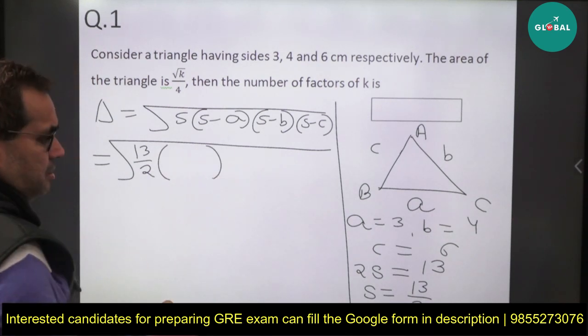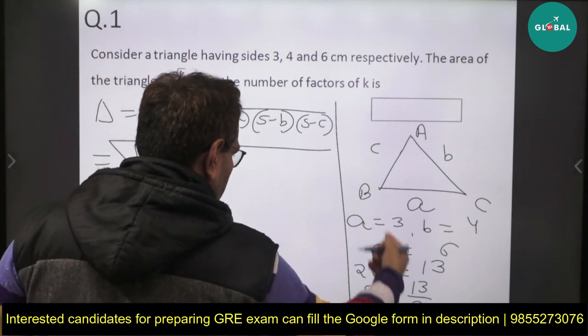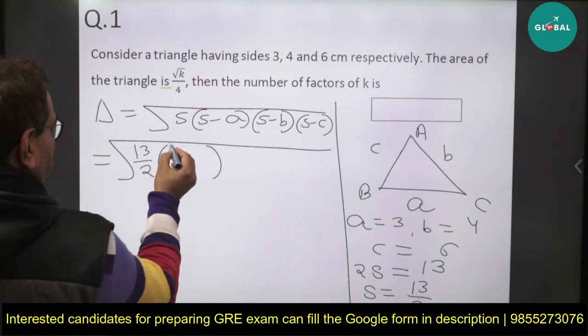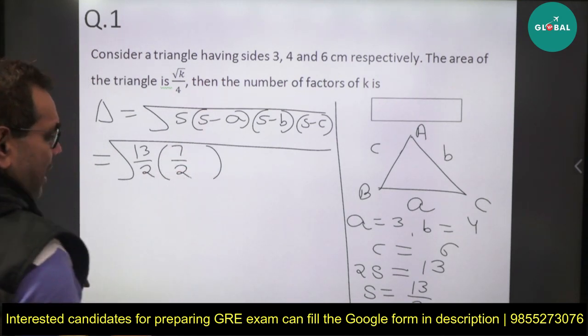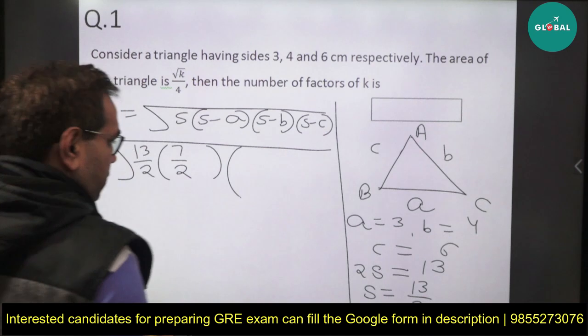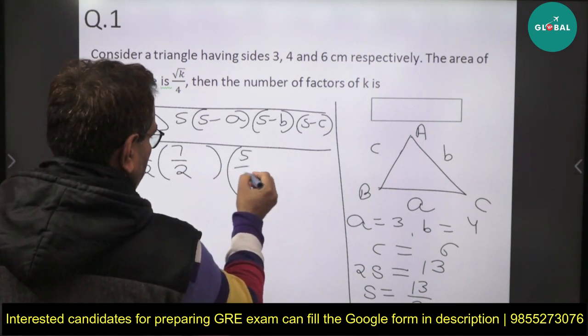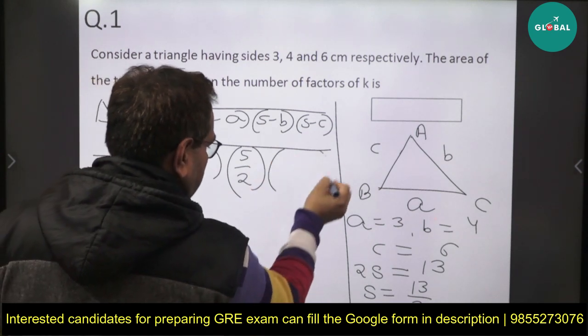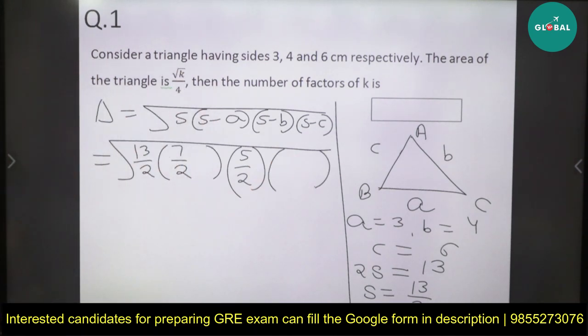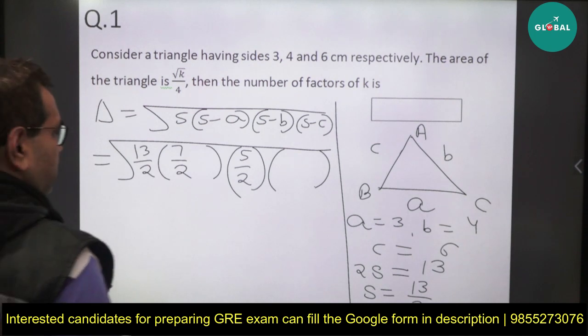Now s minus a, 13 upon 2 minus 3, so 7 upon 2. s minus b, 13 upon 2 minus 4, so 5 upon 2, and then s minus c, 13 upon 2 minus 6, so it is 1 upon 2.